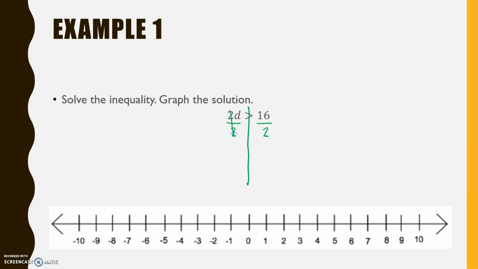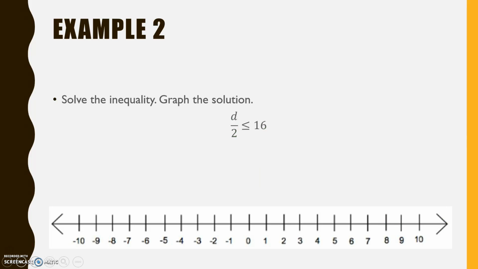When I do that, the 2's cancel out, and I just have D is greater than 16 divided by 2, which is 8. So I'm going to put a circle at 8. It does not have an equal to, so it's going to stay open, and then I'm going to shade to the right. So that's it: D greater than 8, shade to the right.